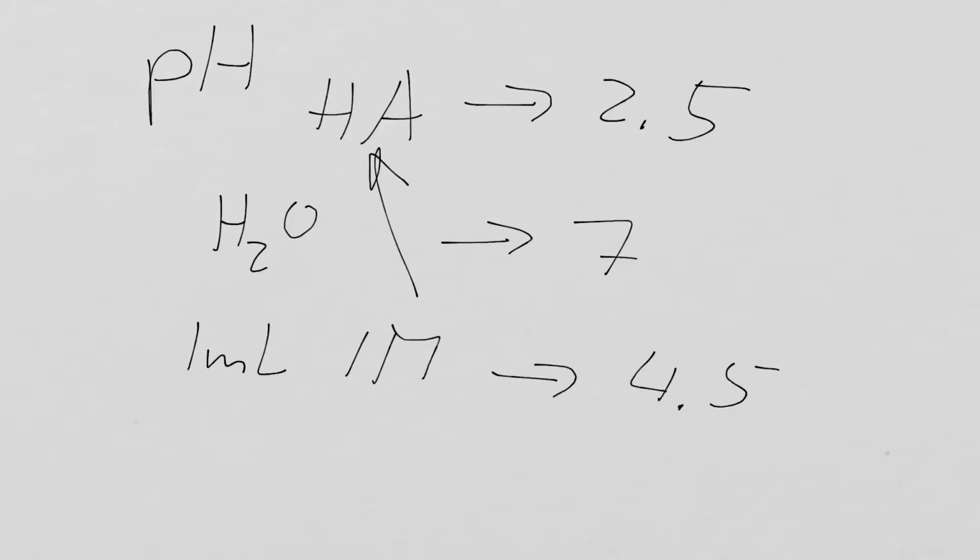Would you be happy to stick your finger in a pH 4.5? Yes or yes? Pretty yes. 4.5 is all right. Actually, the pH of healthy skin is in a range of 5 to 6.